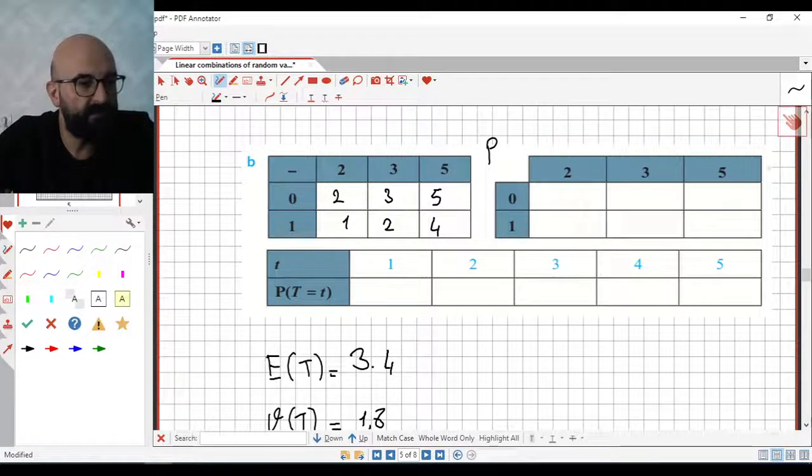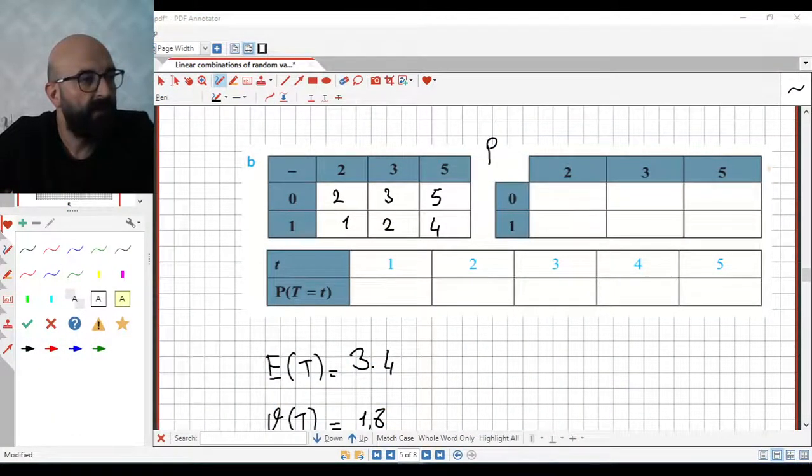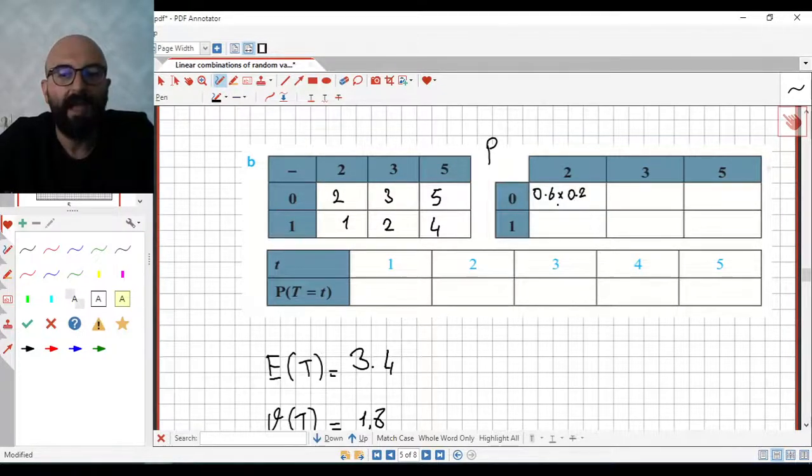I want to look at the other monitor for the probability values. Okay, and then 0 and 2, the probability of 2 means 0.6, and the probability of 0 is 0.2, and it means 0.12. And the probability of 3 and 0, 0.18.